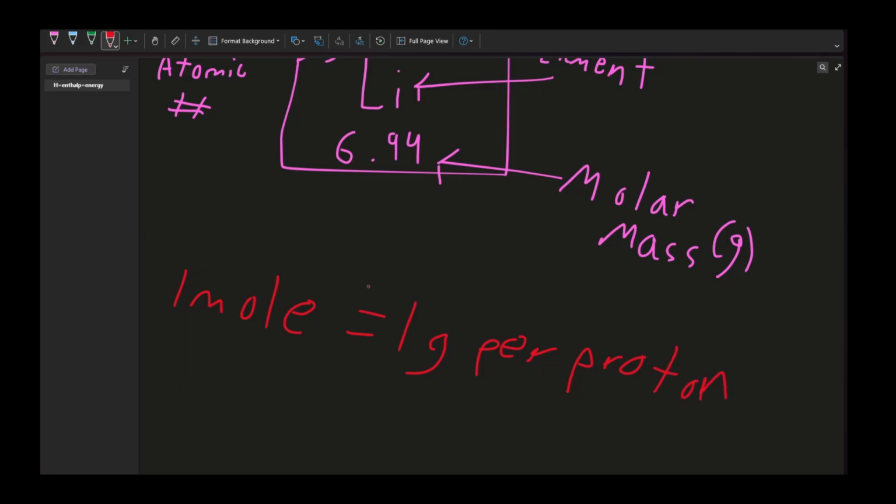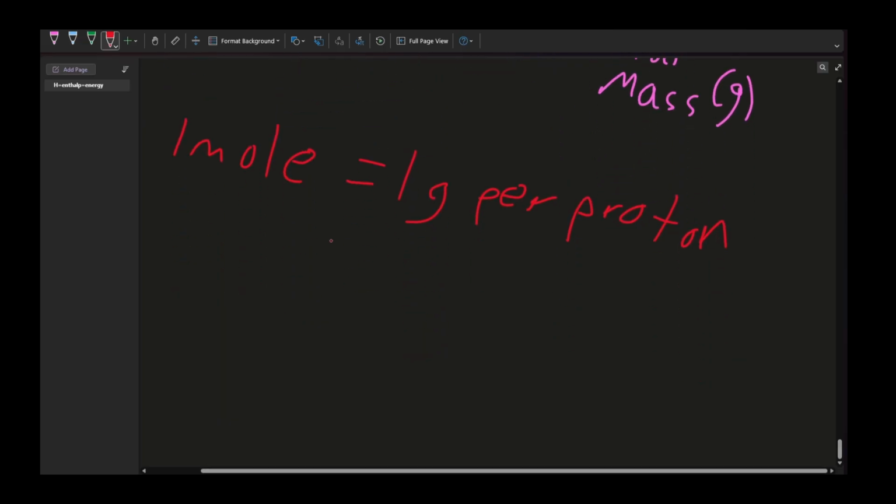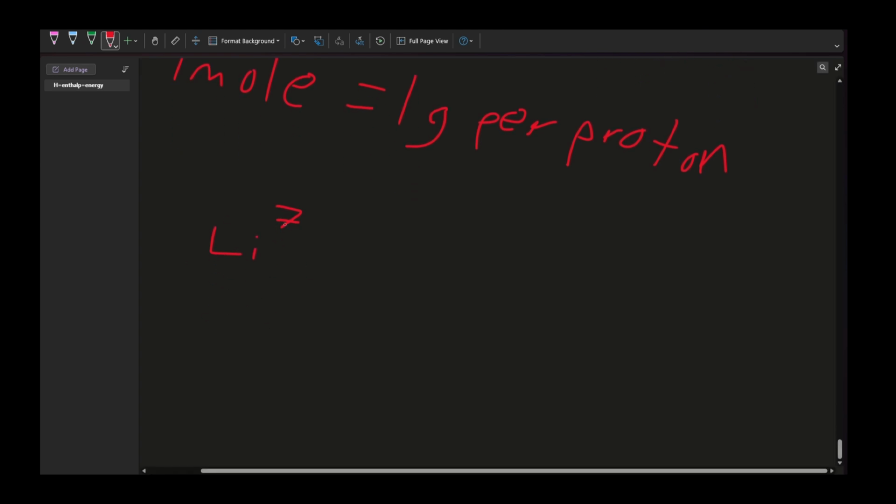So when you are given a sample, sometimes you'll get lithium 7, and this is what it'll look like. And they're going to ask you how many protons are in this element, how many neutrons, how many electrons, and you want to be able to determine this, and we can do this by just looking at this right here.